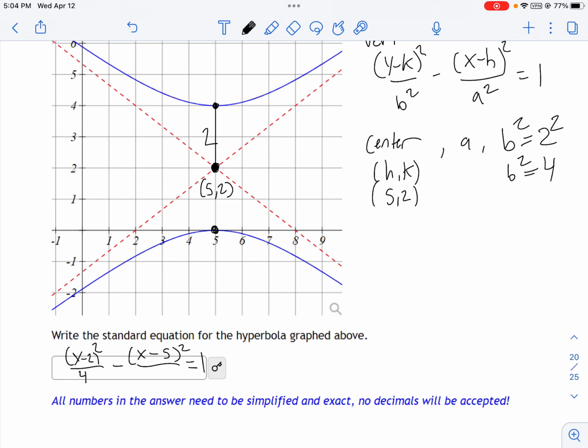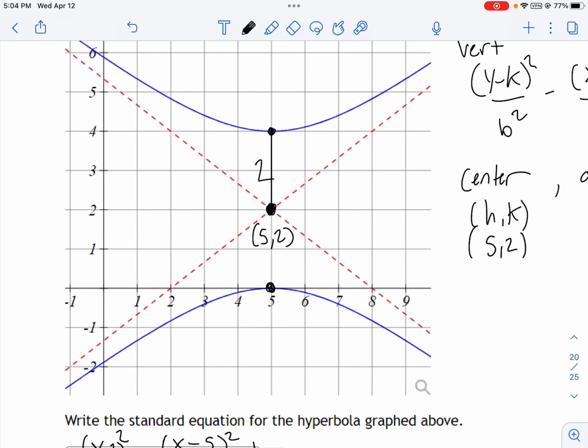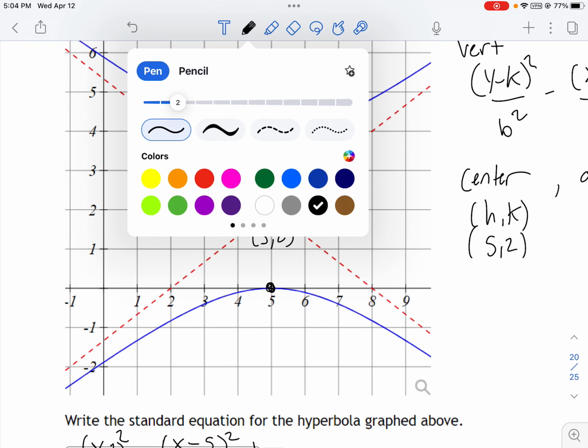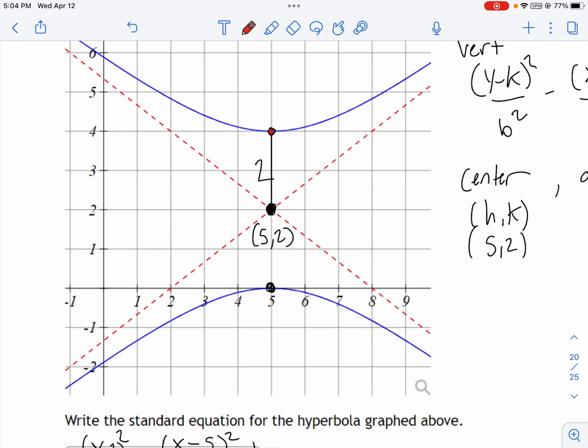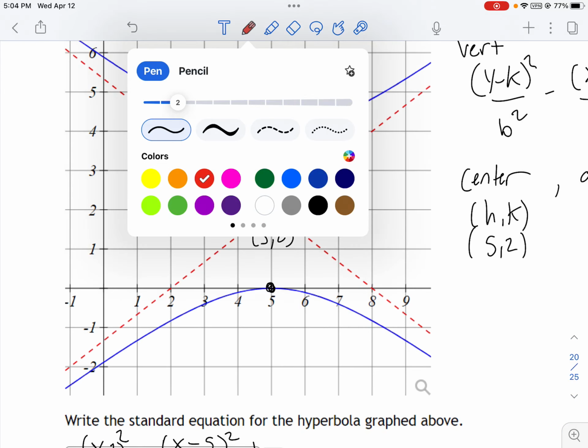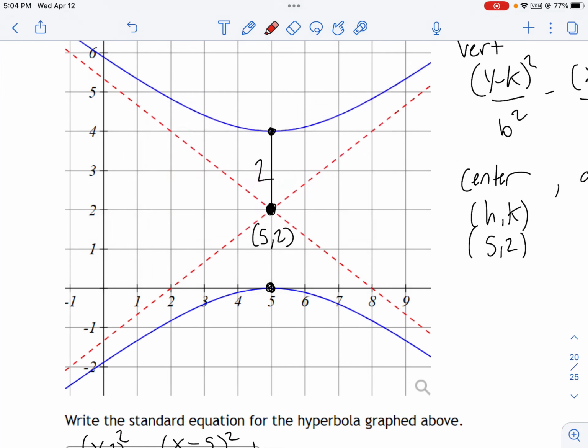Now we're just going to find the a. This one takes a little bit of work. A covertex is essentially, if you were to graph the little box here, let me use highlighter instead, it's a little easier to see. If you go from your vertex and then go until you hit the line on the right, go until you hit the line on the left.